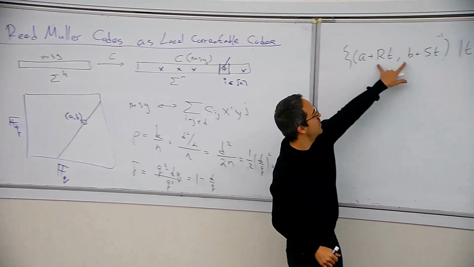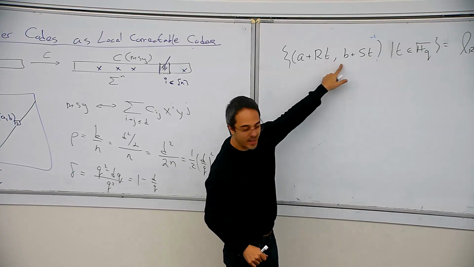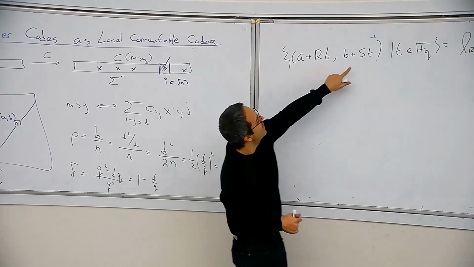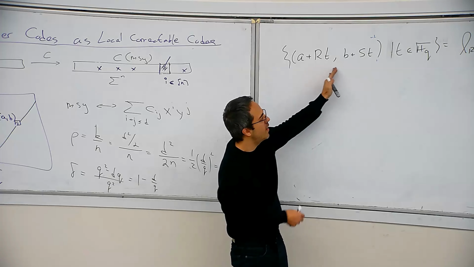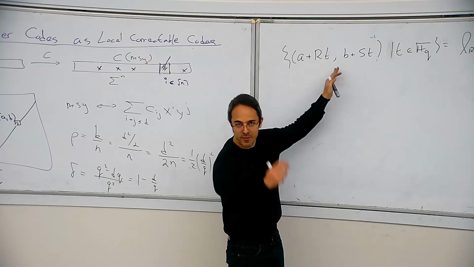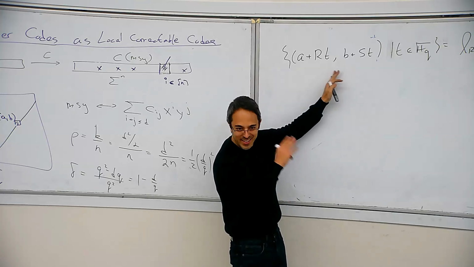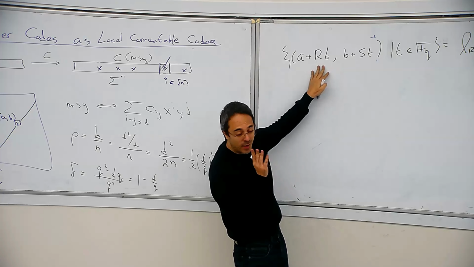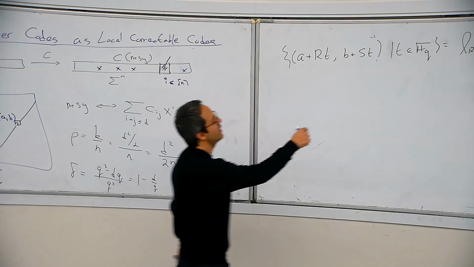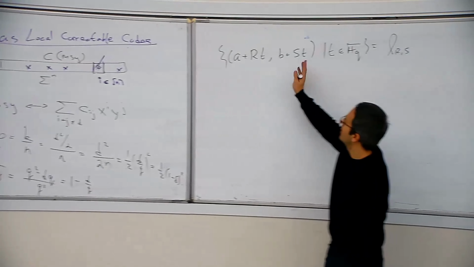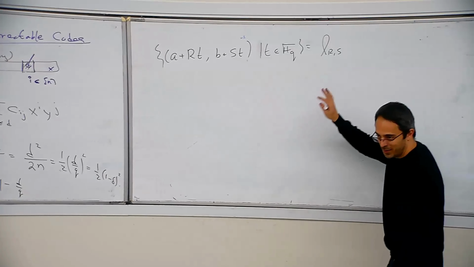A and B are the point you want the line to go through, so that's why I want it like that, with t equal to 0. And R and S are the slopes. You could have thought of t, at plus b or something, but then you wouldn't get the vertical line. So this is the way to get all lines, if you care about it. For every given R and S, the slope is essentially S over R.